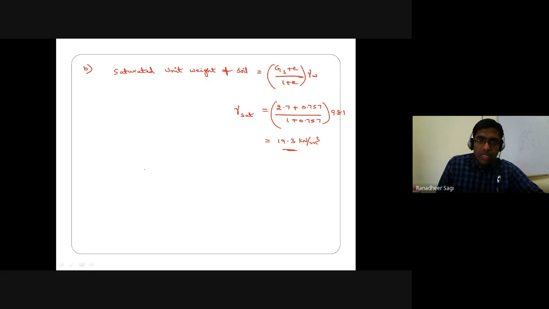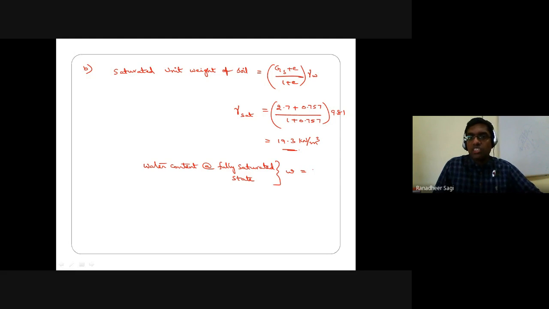Next, we are required to calculate the water content that exists in the soil at the fully saturated state. When the soil is fully saturated, what is the w value? From the relationship between void ratio, degree of saturation, specific gravity of soil solids and water content, w is e into S by Gs.